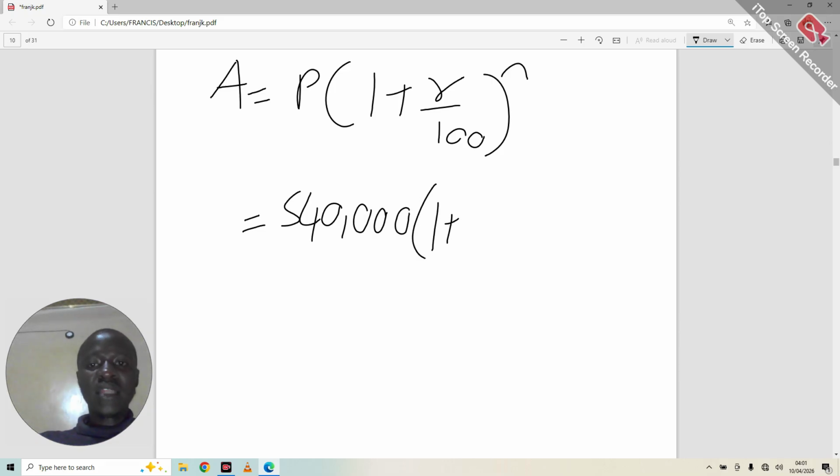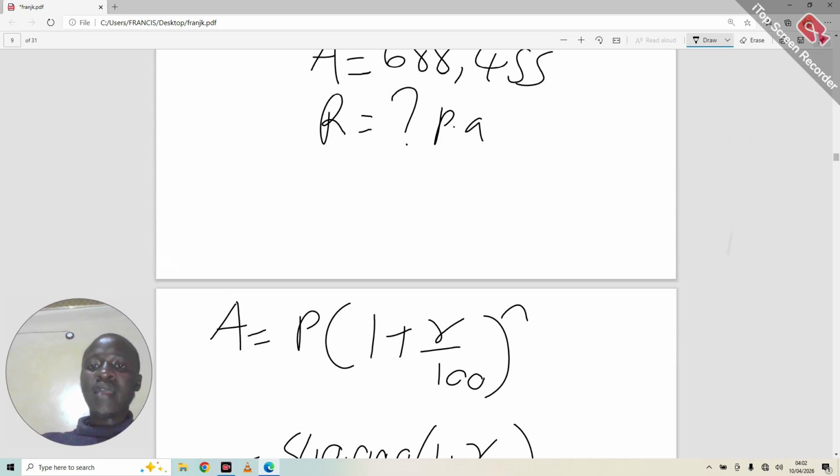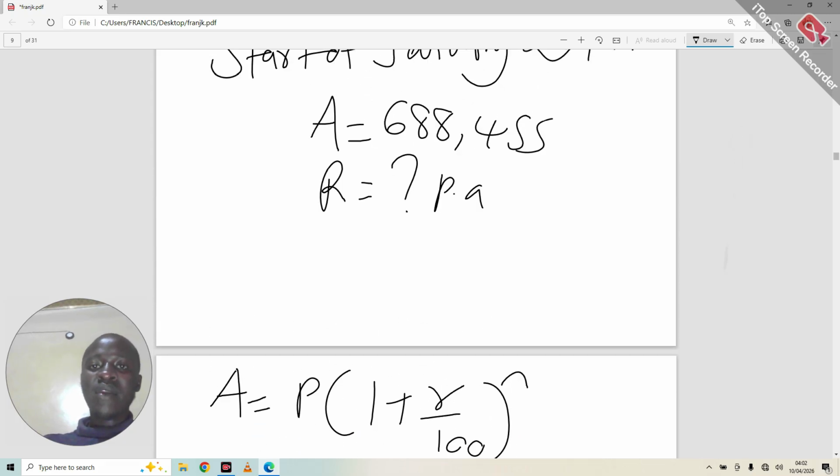Remember, this was compounded quarterly, so we take 4 multiplied by 100, giving 400. Then power n, the number of years.